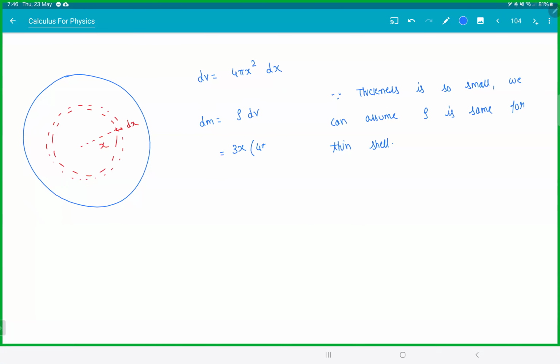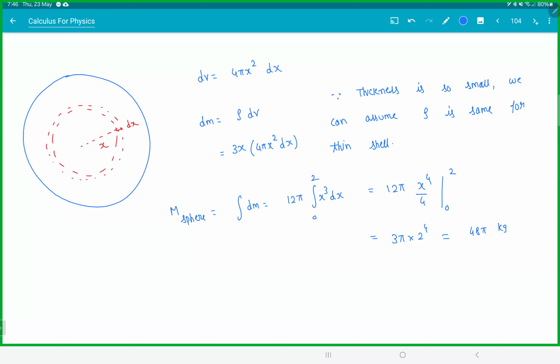This volume is 4 pi x square dx. So mass of the sphere would be integral dm. That would be 12 pi integral x cube dx from 0 to 2, since radius is going up to 2. 12 pi, that would be x power 4 by 4 from 0 to 2. That would be 3 pi into 2 power 4, that is 48 pi kg. Yep.